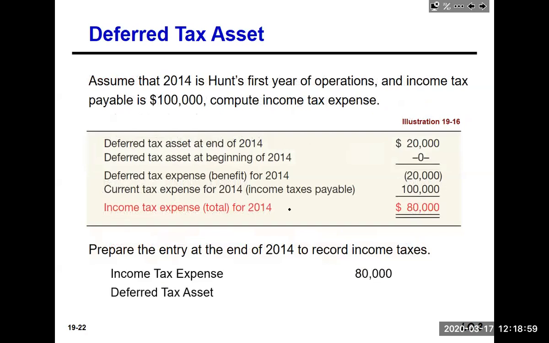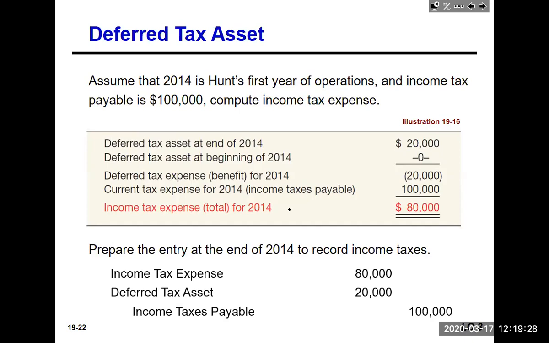Well, let's see what that would look like. My income tax expense is $80,000. My income tax payable is $100,000 because again, that $20,000, the tax effect of that, is not deductible. Litigation may or may not happen. Of course, you've made the accrual based on your expectation that you're going to have to pay it, but not on your income tax forms and so forth.